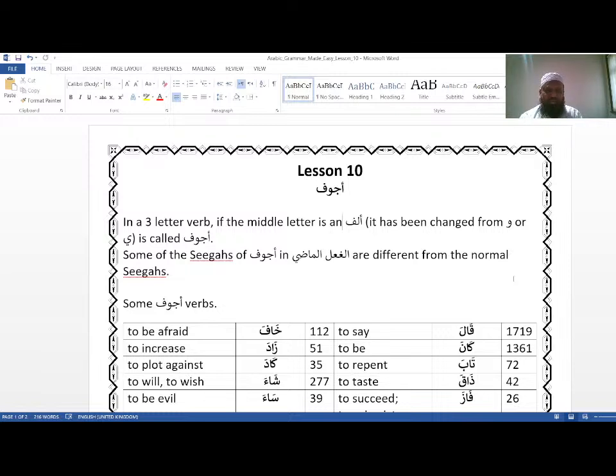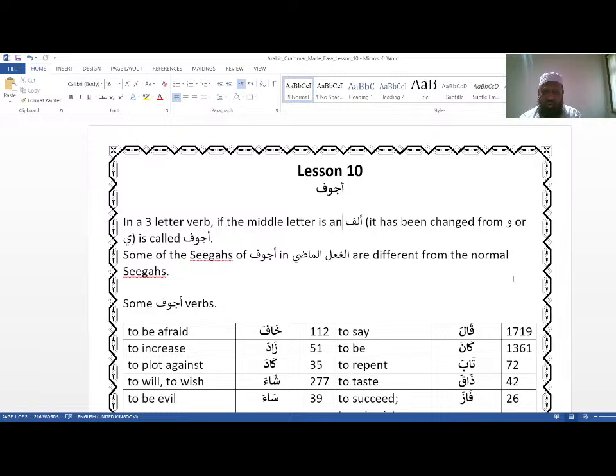Some of the sigas of ajwaf in al-fi'l al-madi are different from the normal sigas. Like when we learned fa'ala, fa'ala, fa'alu, fa'alat, fa'alata, fa'alna, fa'alta, fa'altuma, fa'altum, fa'alti, fa'altuma, fa'altunna, fa'altu, fa'alna.